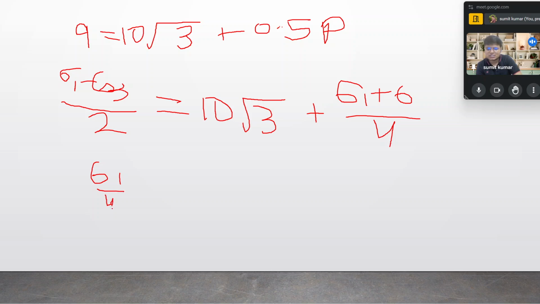I am doing calculation in my mind, so maybe some mistake at some point, but 0.5 minus 0.25 is 0.25, so sigma 1 by 4 equals sigma 3 by 2 and sigma 3 over here also. So 1 by 2 plus 1 by 4, 0.5 plus 0.25, so 0.75 means 3 by 4. 3 by 4 sigma 3, right? Plus 10 root 3.